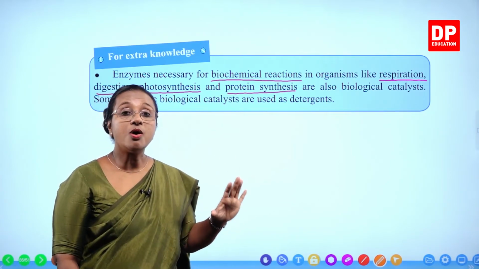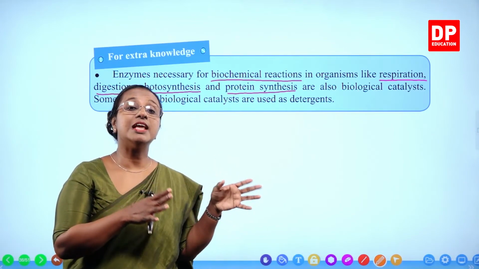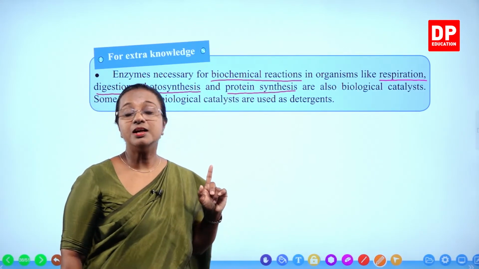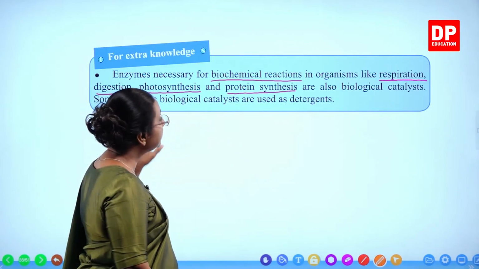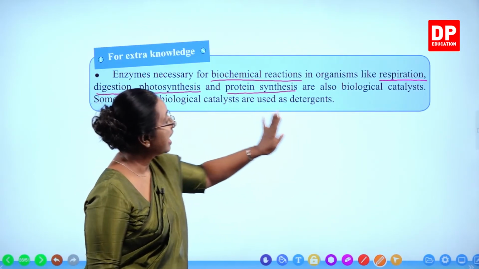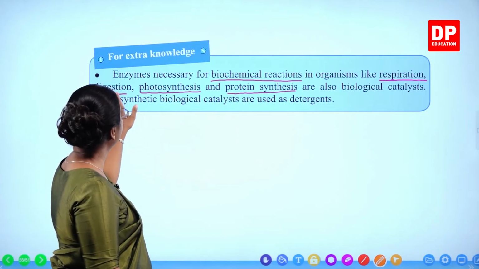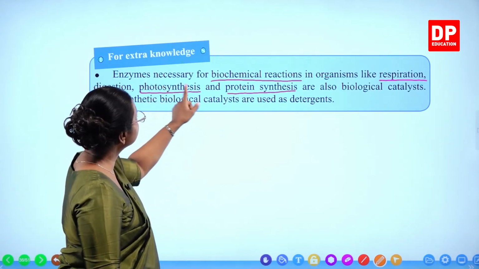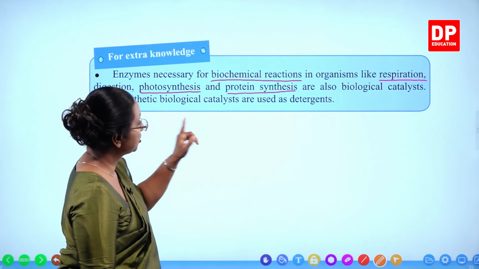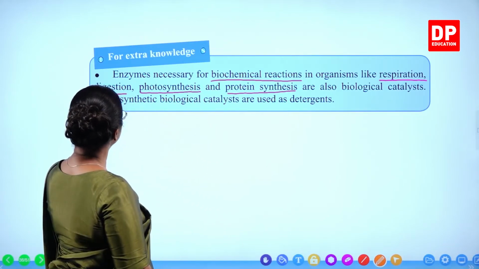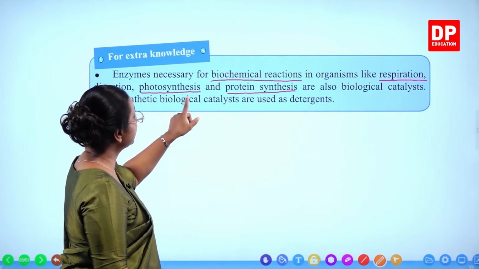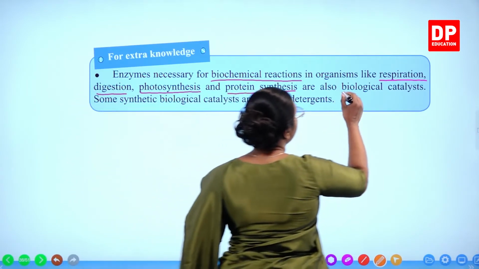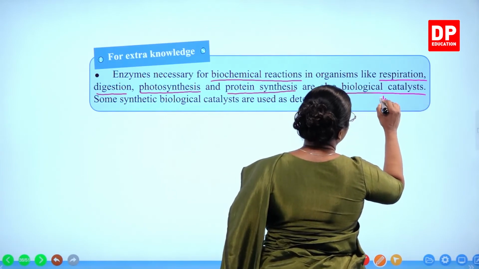So these are all reactions related to organisms. That is why they are biochemical reactions. And all these biochemical reactions are catalyzed by enzymes. So enzymes, necessary for biochemical reactions in organisms like respiration, digestion, photosynthesis and protein synthesis, are also biological catalysts.